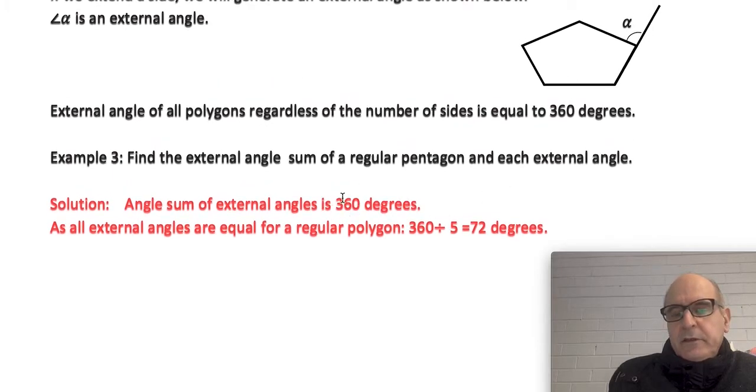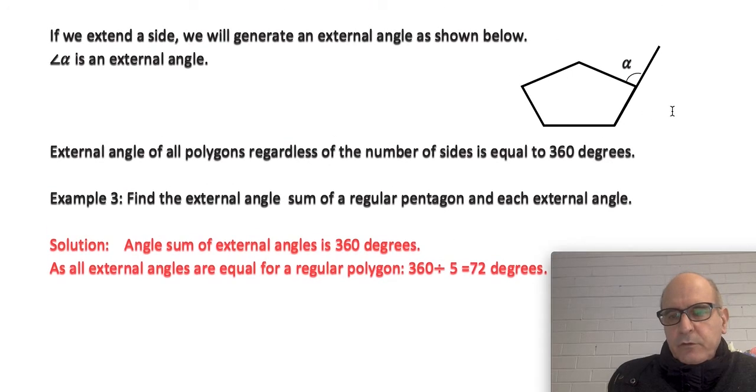So we know that regardless of what shape we are talking about, the external angles always add up to 360. Because this is a regular pentagon, they will be equal as well. There are 5 of them, so 360 divided by 5 gives us 72 degrees. So each external angle in a regular pentagon is equal to 72 degrees.